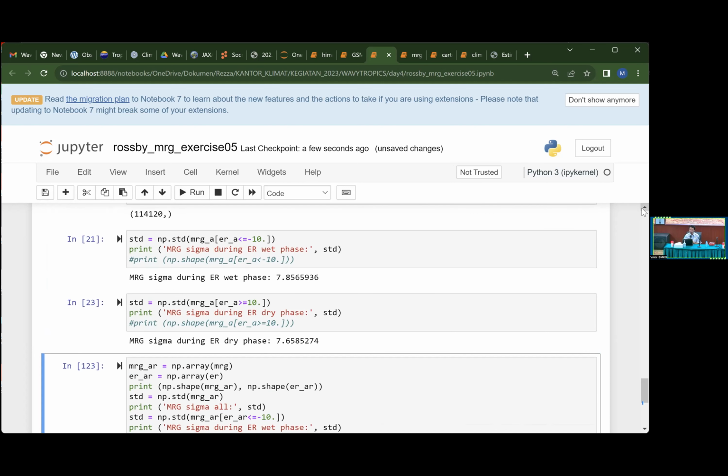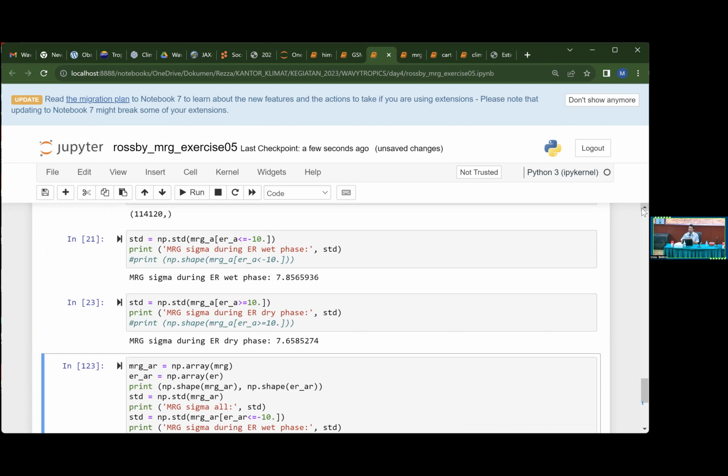So do you see some difference? The sigma is more active. Yeah, I didn't do a statistical significance test for this, to see whether it is significant or not, and at which confidence level, because it is just an easy exercise.